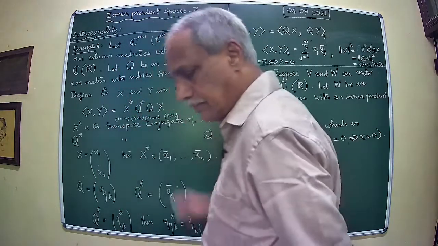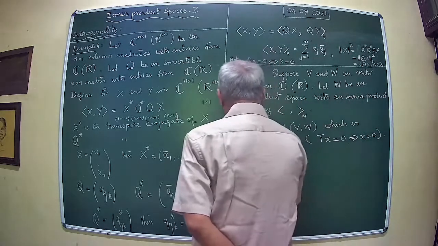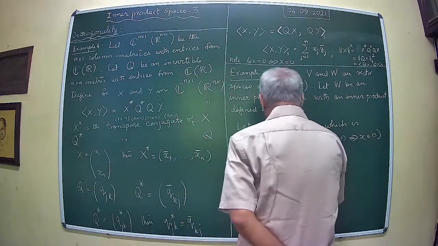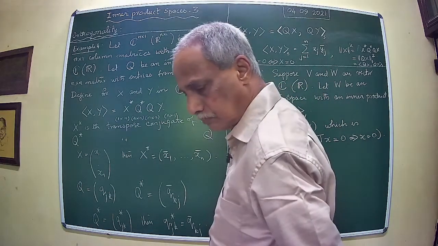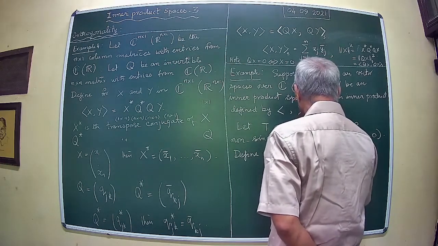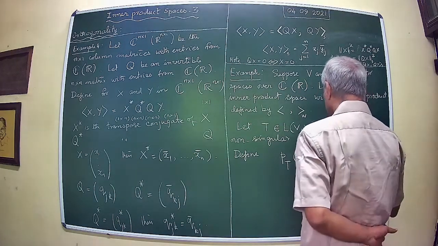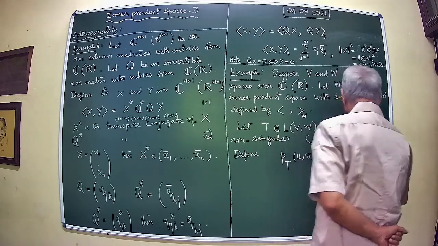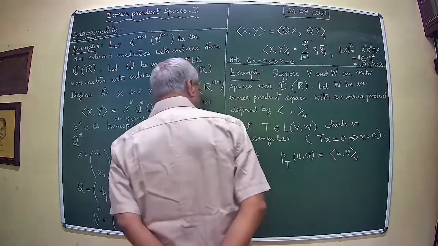So there are various ways in which we can define it. Now define P T of x, y as the inner product of Tx and Ty. Okay, so this is the definition.